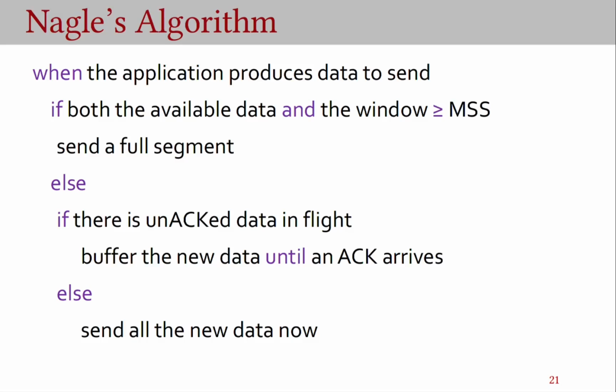In the case of interactive applications like telnet, some of these segments will contain just 1 byte, and others would contain more data. In the case of applications where interactivity is more important, one can turn off Nagle's algorithm by setting the TCP no delay option.